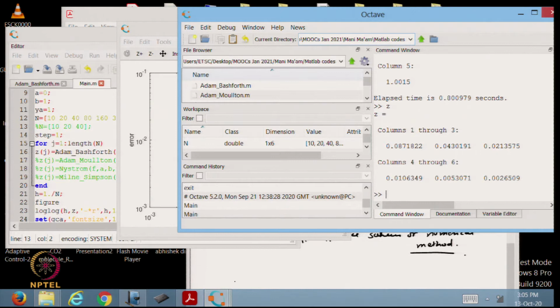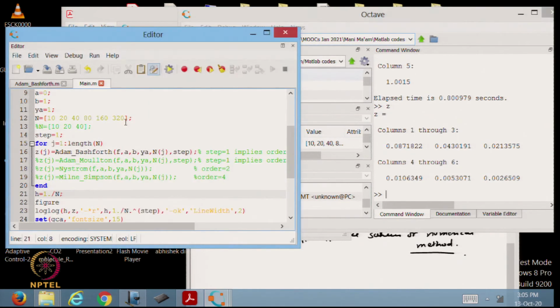If you want to decrease the error further, you have to increase n and you can go beyond 320, that is up to you, but I have just given you the flavor of how you can verify whether your difference scheme is converging or not, with the help of one particular example which we have already discussed in our lecture class.